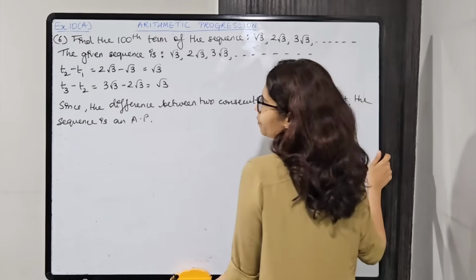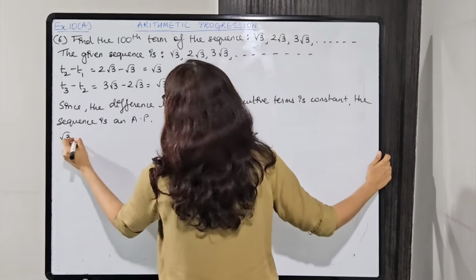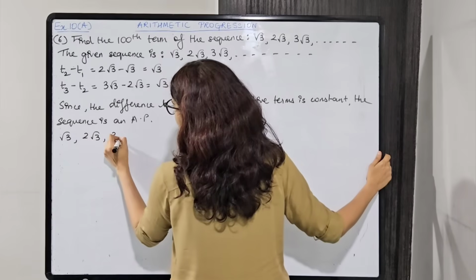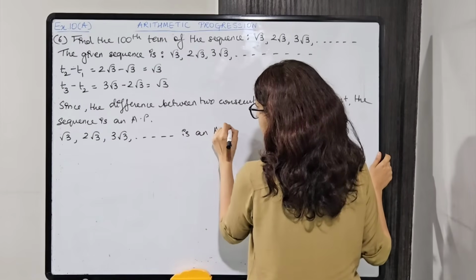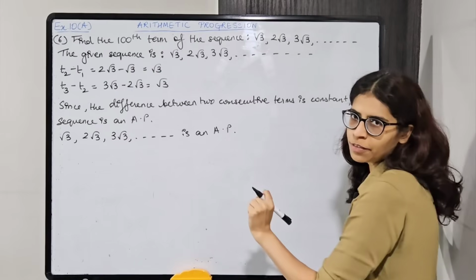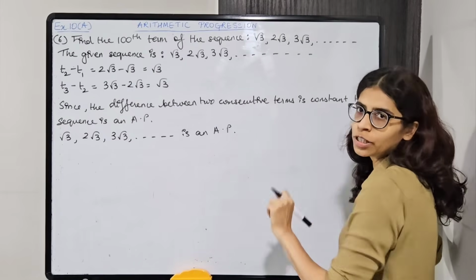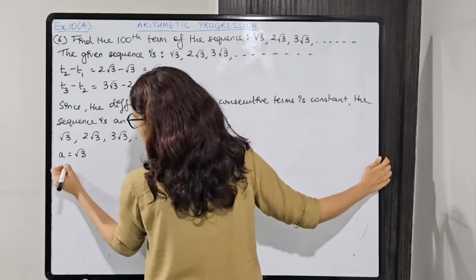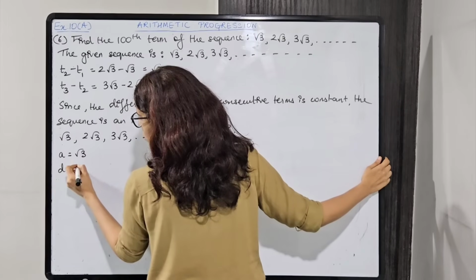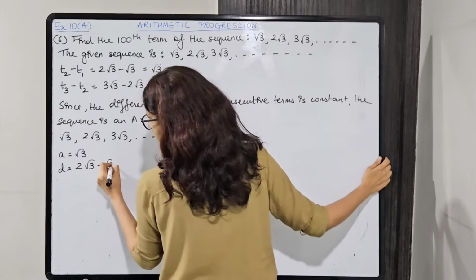Okay, so root 3, 2 root 3, 3 root 3 is an AP. Let's find A and D because we need them for Tn. So A is root 3, D is again root 3.